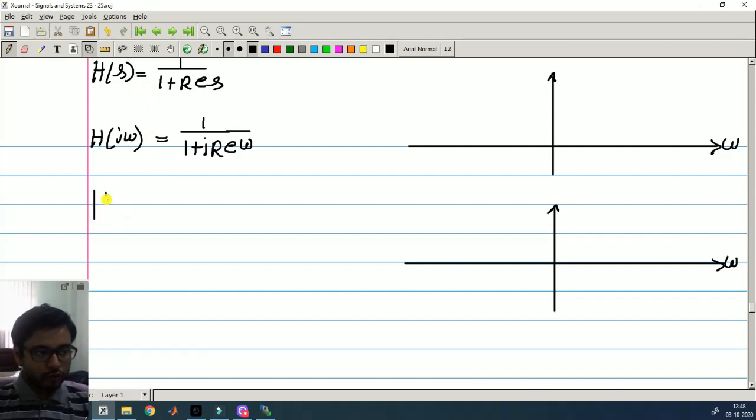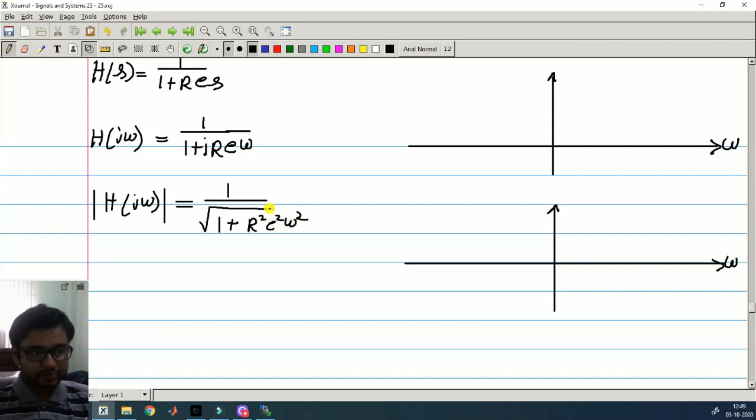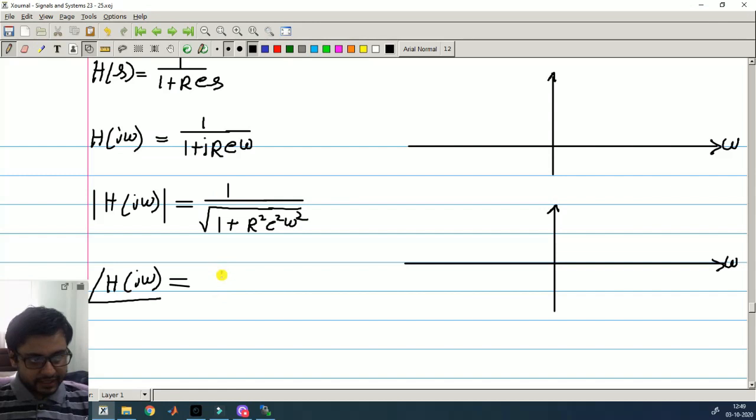So the mod of H j omega will be 1 over the root of 1 plus R square C square omega square, and the angle of H j omega will be equal to tan inverse, the imaginary part RC omega divided by the real part, that is 1.